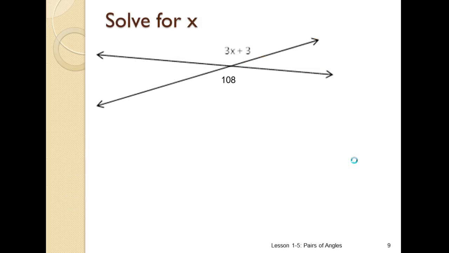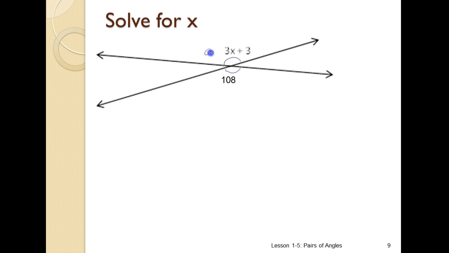Alright, so here, we have to do a little algebra. They want us to solve for x. How are we going to solve for x when we do not know what this equals? We already know that this angle and this angle are equal to one another, so we can set up an equation.